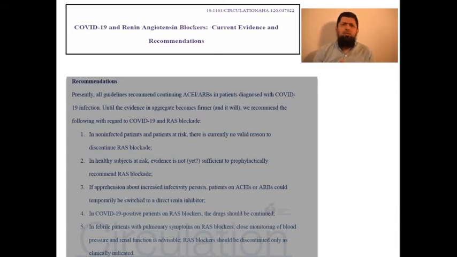Whether to continue ACE inhibitors or ARBs in patients who are COVID-19 positive, I think if they are clearly septic, we may stop the ACE inhibitors and ARBs in that situation until there is evidence. Again, there is evidence supporting the benefit of ACE inhibitors and ARBs in protecting the lungs from COVID-19 infection.